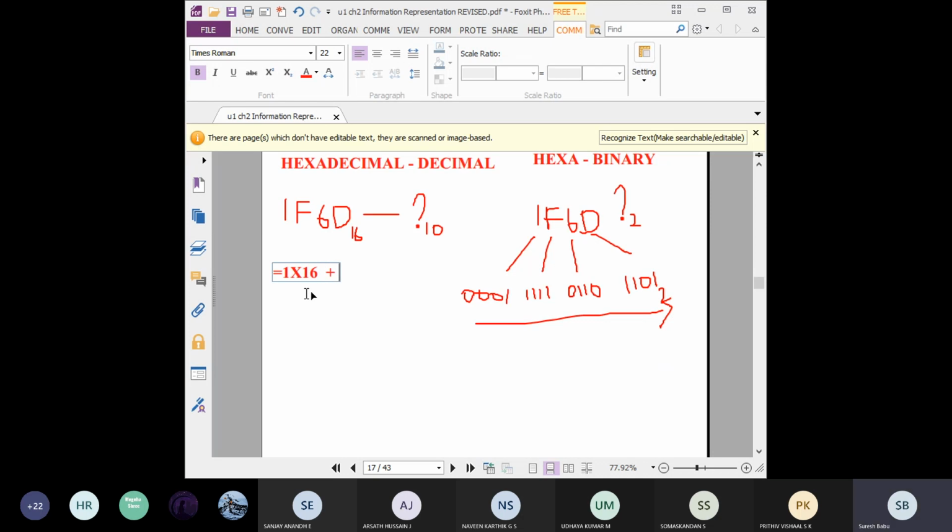Next, F we cannot multiply directly, but we know F's equivalent value: F is equivalent to 15. So 15 into 16 power something, then add 6 into 16 power something, then D is equivalent to 13, so 13 into 16 power something. This is the thing we need to calculate.